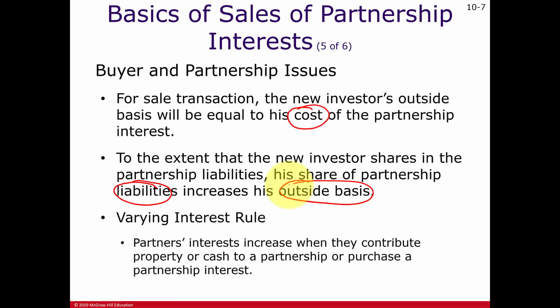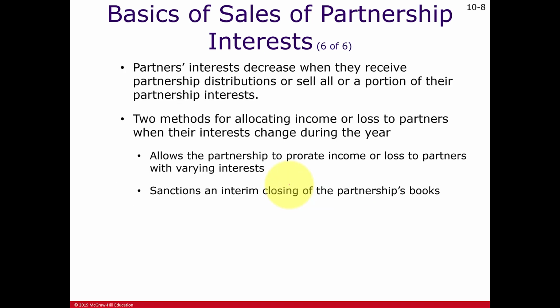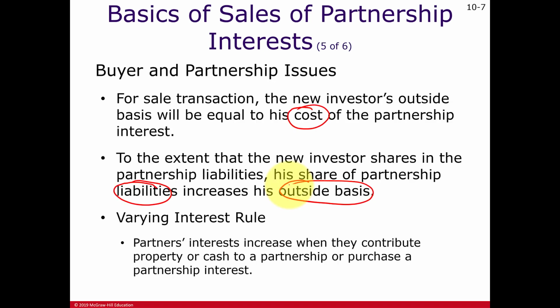We'll go through an example of how things can change for a partnership's basis. In fact, it discusses it here. A partner's basis can increase if they contribute more property to the partnership. Also, if the partner is allocated their share of the profits during the year, that will also increase the partner's basis.